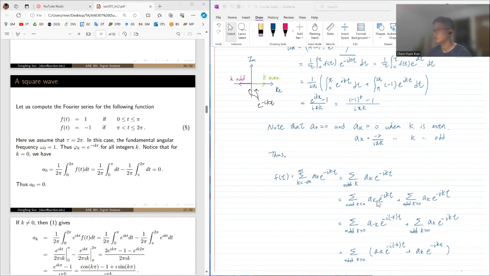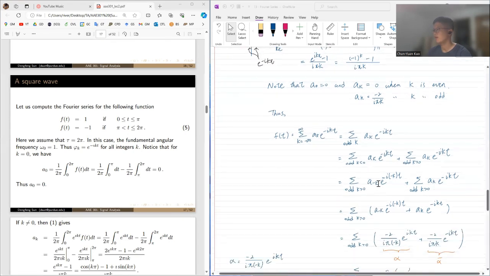And here we can change the variable to make this summation a positive odd k summation as well. So here we just basically add a negative sign in front of the k, so that we can change the summation from negative odd k to positive odd k.